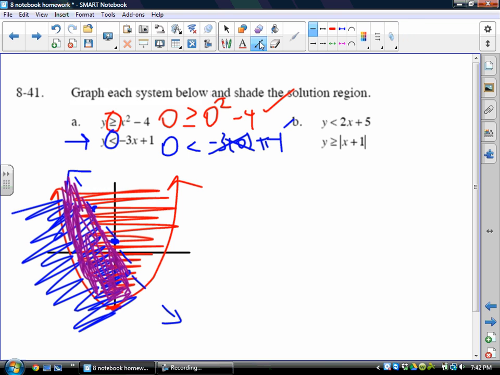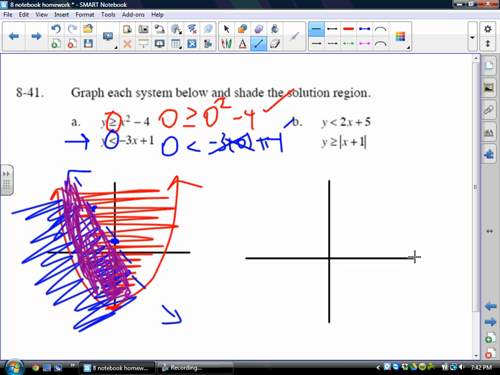Okay? So we do the same thing for this one. On part B, let's draw our axes here. Yours should be labeled. We have a line starting at 5, and its slope is 2. So I'll go up 2 over 1, kind of estimating here. 2 over 1, 2 over 1. Now, is it going to be solid or dashed based on this? It is a less than, not a less than or equal.